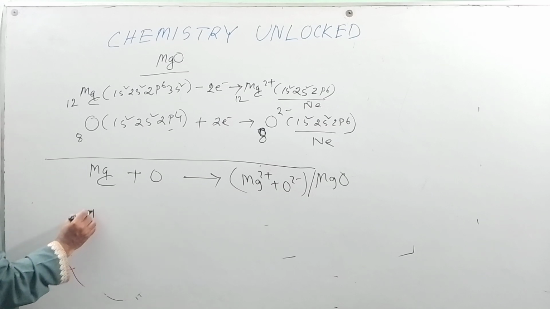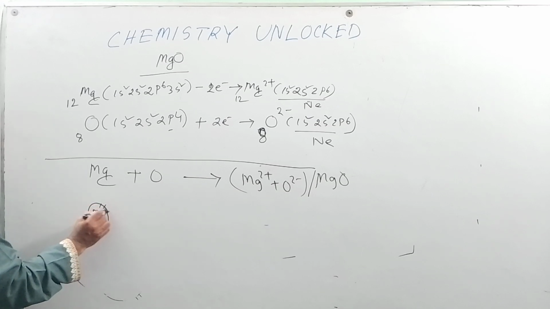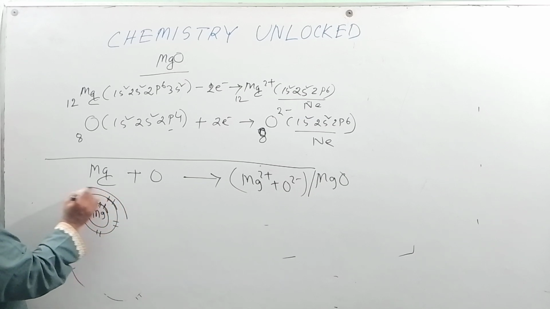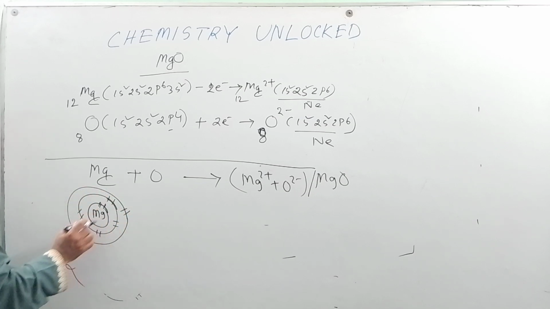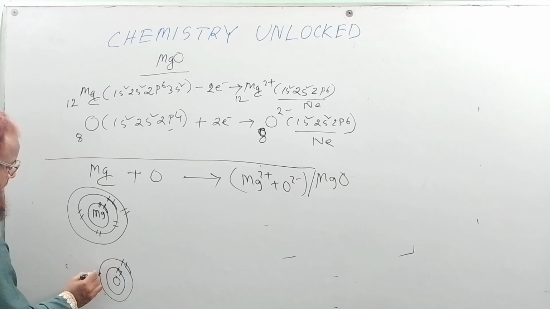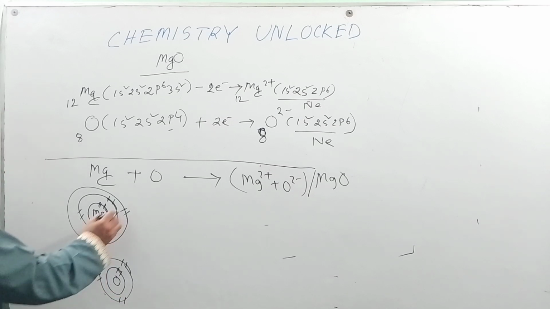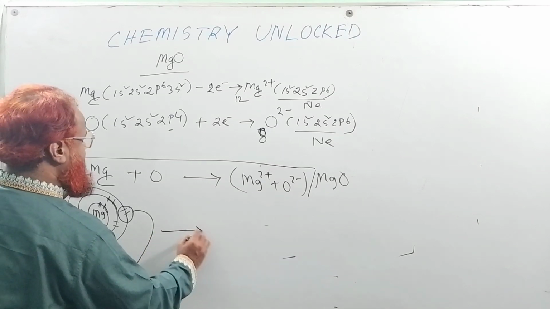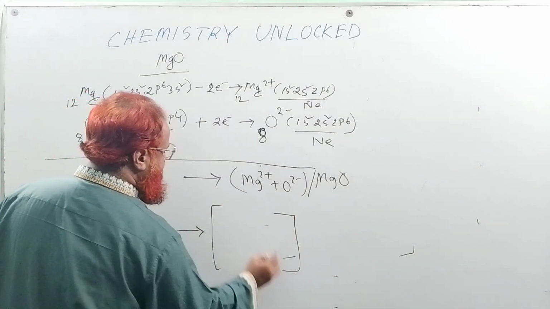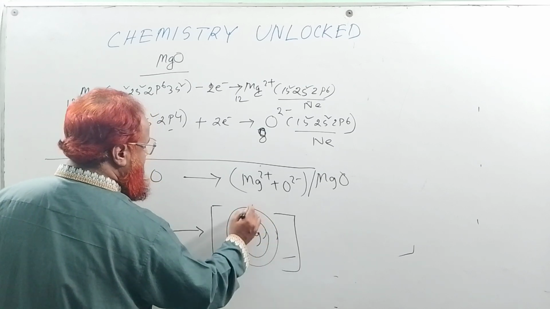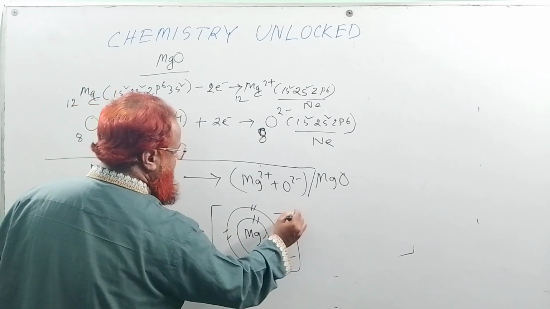Now for the orbit diagram, first orbit, second orbit, and this third orbit. Now oxygen, first orbit. Now these 2 electrons will be donated to this oxygen, and it will be converted into Mg2+, first orbit, second orbit, Mg2+.